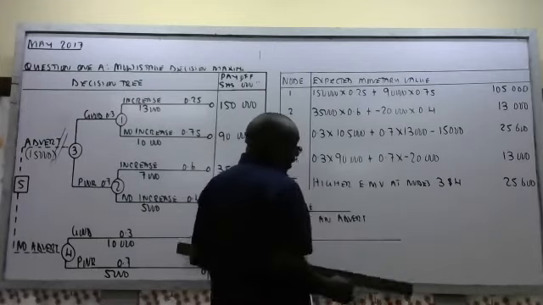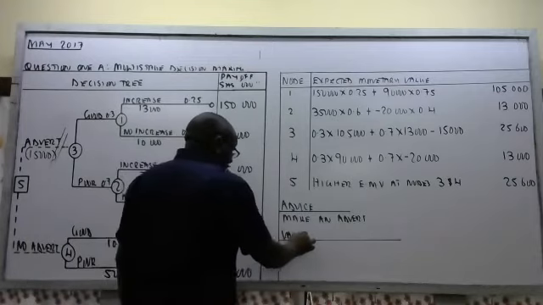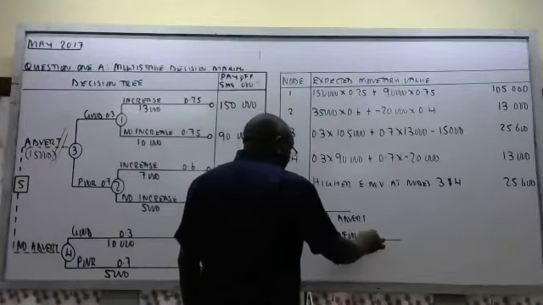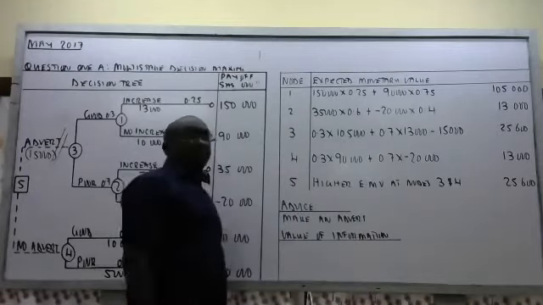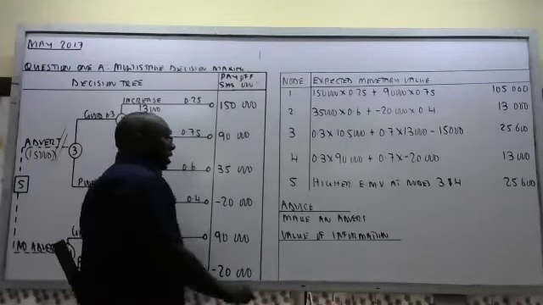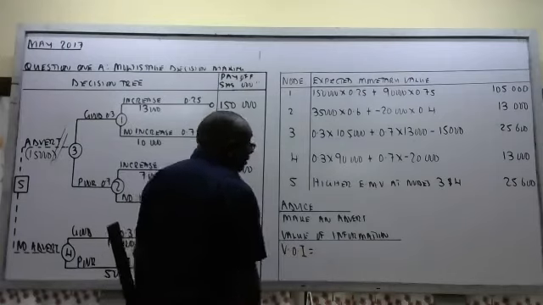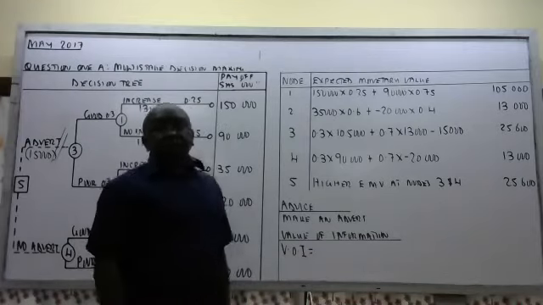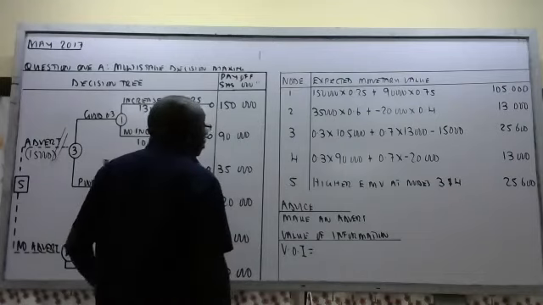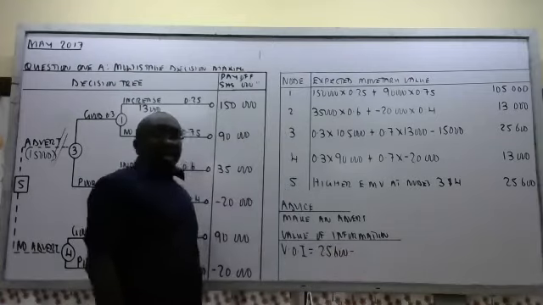But in case they asked you to advise on value of information, remember, value of information is the maximum amount to pay. It's the maximum amount of money you should pay. When you're dealing with a decision tree, the value of information is the difference between the highest EMV, that is 25,600, and the second highest.